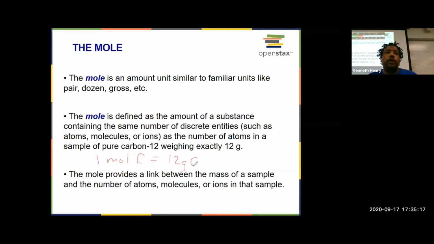So in that case, we're going to be working on a molar level, on the moles level. So we define the periodic table based upon the mole as well. If you look on the periodic table, carbon weighs 12 grams per mole. Rather than using AMU, atomic mass units, which is talking about a single carbon atom, we're talking about a mole of carbon. 1 mole of carbon weighs 12 grams.